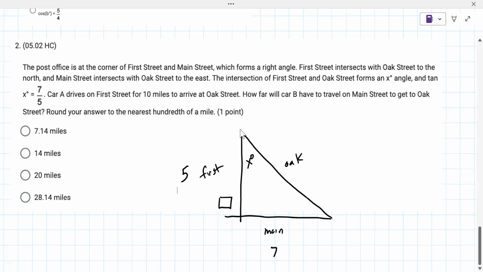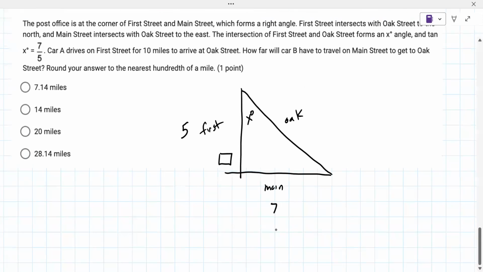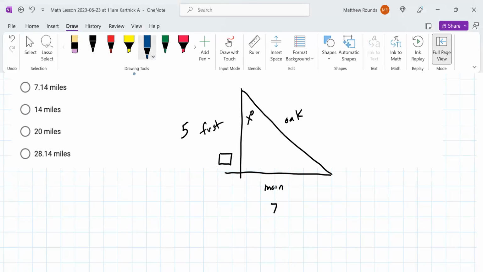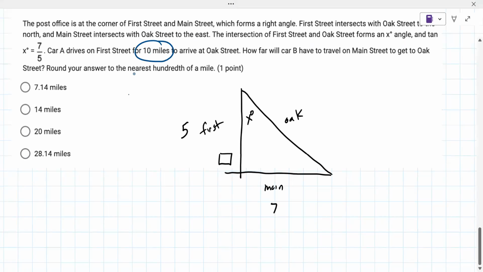So the two sides here are in this ratio, 5/7. Yeah, the angle up there is X. We actually don't need the angle, but it is good that it has it. So when you drive on First Street for 10 miles, that's instead of 5, it's really 10.